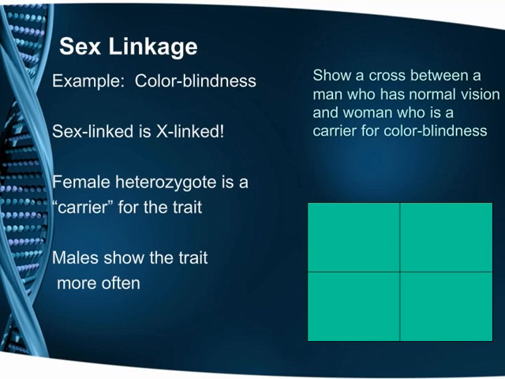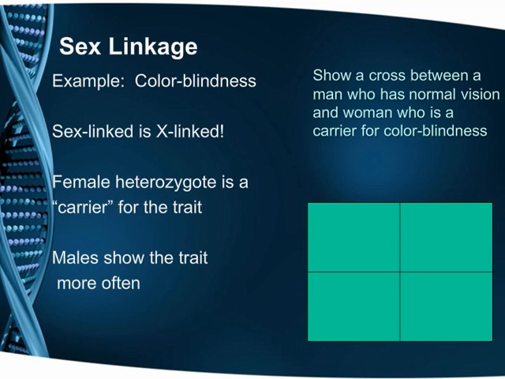The woman who is a carrier has the genotype X big B, X little b. She is normal, she has the dominant allele, but she carries the recessive allele. Go ahead and set up and complete your Punnett square.